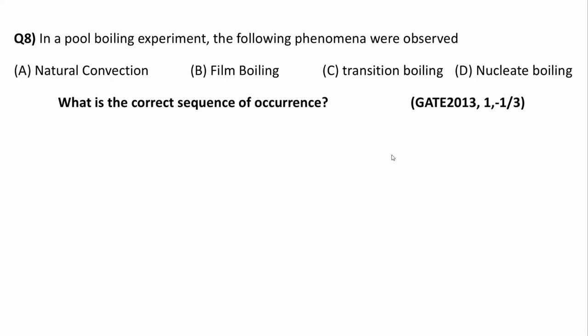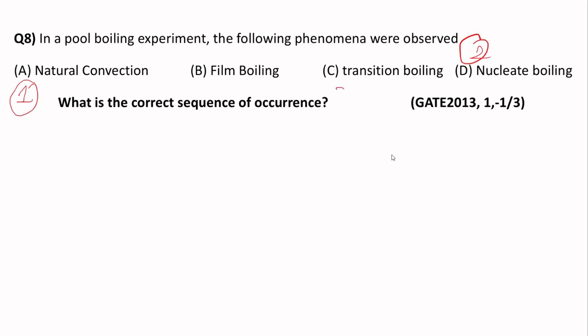Yes. So in a pool boiling experiment, as the delta T is increasing, first we come across natural convection. Then towards the end of natural convection, we see onset of nucleate boiling, and then nucleate boiling starts. And then as we are further increasing the delta T, there is a transition from nucleate boiling to film boiling.